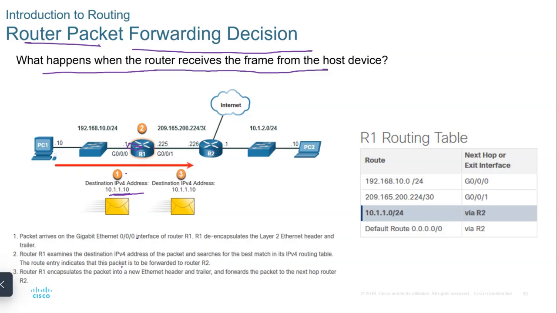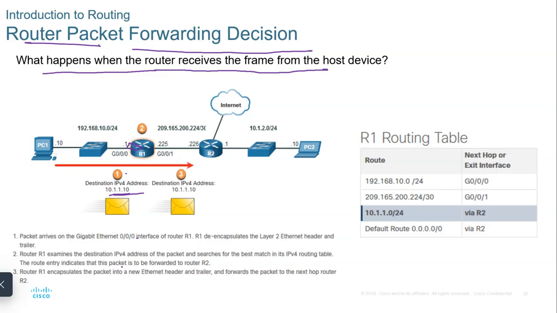Once the destination IP address is known, then the direction, the source and destination will be known. Then the router searches for the best match in the IPv4 routing table.